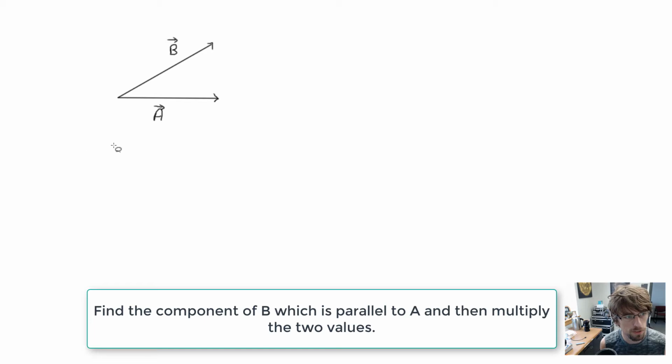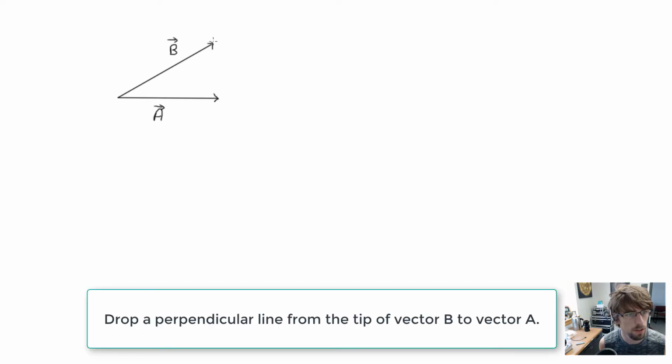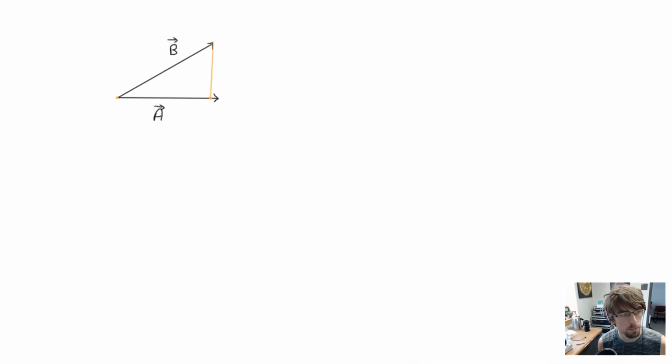So what I'm interested in, the first step on this, let's put a different color line in here. I am interested in trying to find the component of B that is in the same direction as A. So let's say I'm interested in finding that distance right here from where they intersect to here. That distance is the component of B parallel to A.